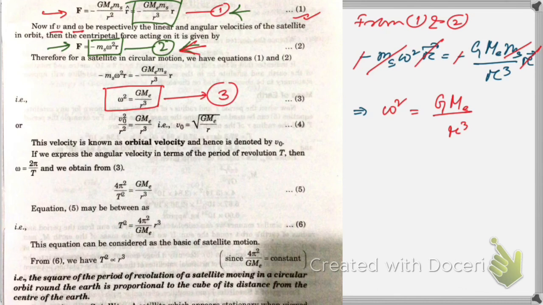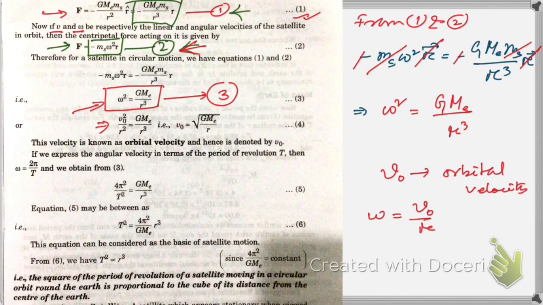Now if you consider v naught as the orbital velocity, then omega will be given by v naught by r. If you use that in equation number 3, you will get v naught square by r square equal to capital G capital M_E by r cube.